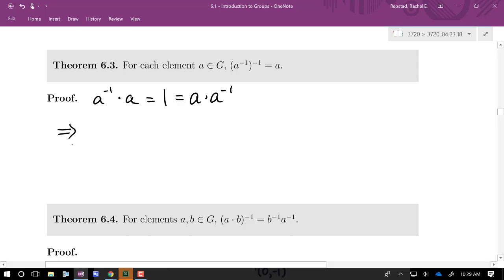The only thing we're going to do is observe that this satisfies the definition for an inverse. I mean, we're saying A is the element that I have to multiply by A inverse to get 1. That's exactly what it means to be an inverse. So A satisfies the definition of inverse for A inverse.